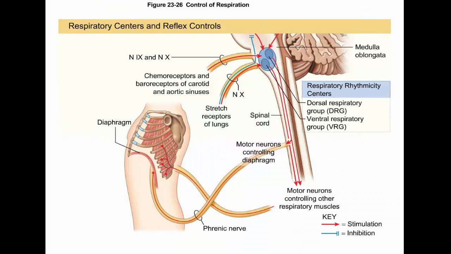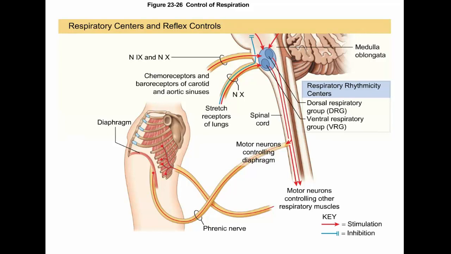Next to the medulla oblongata, you've got the 9th and 10th nerve coming off, and these nerves are responsible for sending back impulses from the chemoreceptors and the baroreceptors of the carotid and the aortic sinuses. So they are located within the blood vessels.